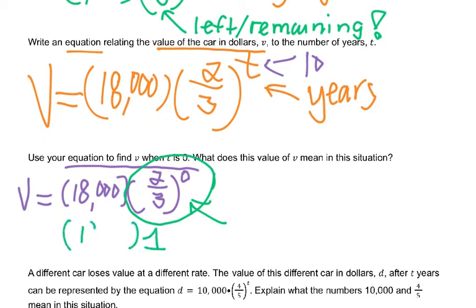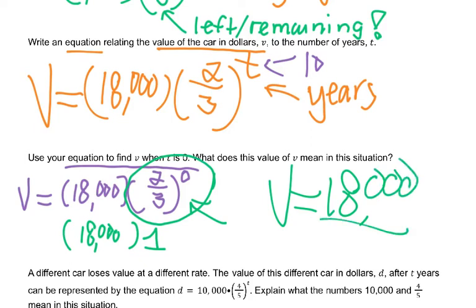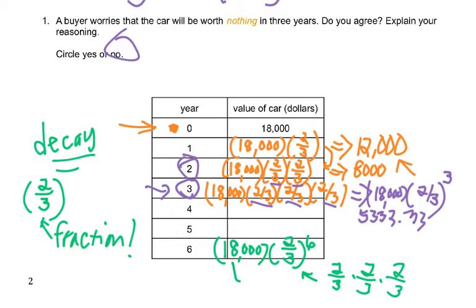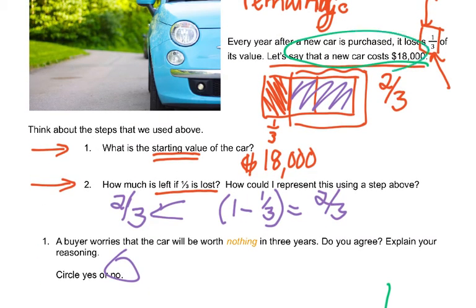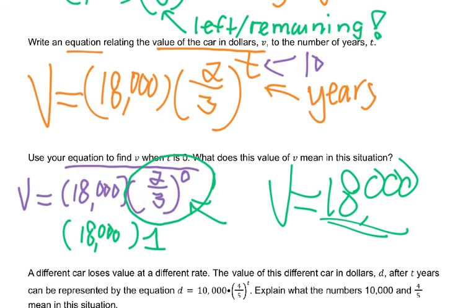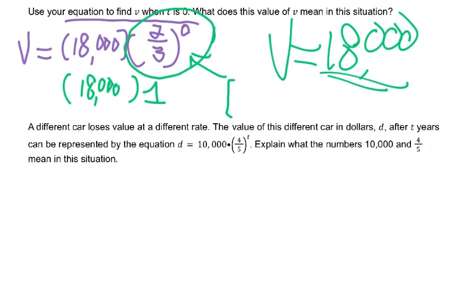Therefore, 18,000 times 1 is simply 18,000. And I want you to think about, what does that mean? Go back to our table. Take a look. It's what we started with. It's what the new car cost me. It's the initial value.